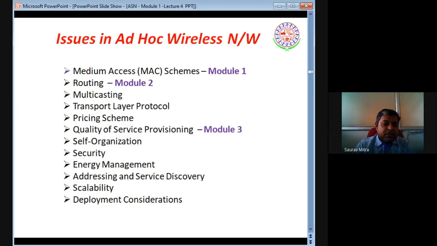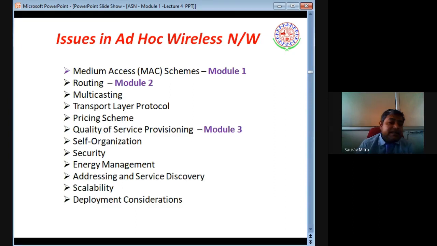So from source to the destination node, the intermediate nodes, their address, their path, their ID, all these things should be known during the routing process, very well before the data is transmitted from source to the destination. So addressing and service discovery means path discovery, routing, through which path I should send the data, packet forwarding, all these things should happen seamlessly, very perfectly. That is addressing and service discovery.